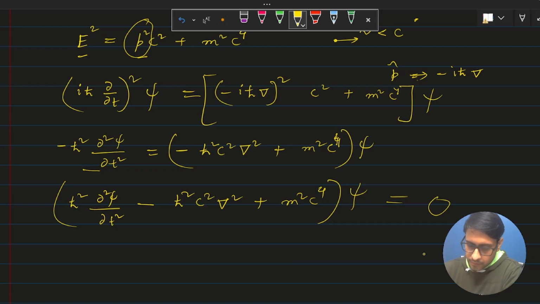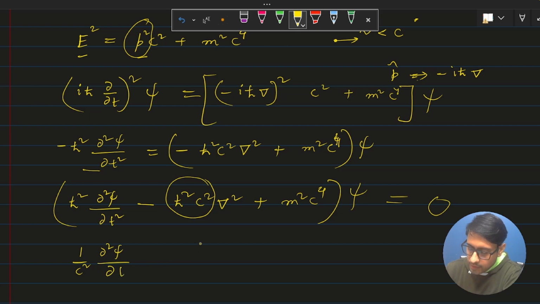Now we can divide the whole equation by this, and let's see what we get. The h square will be gone, and we get 1 over c square del 2 psi over del t square minus del square or nabla square plus m square c to the power 4.